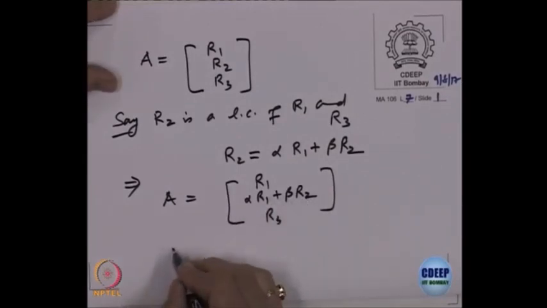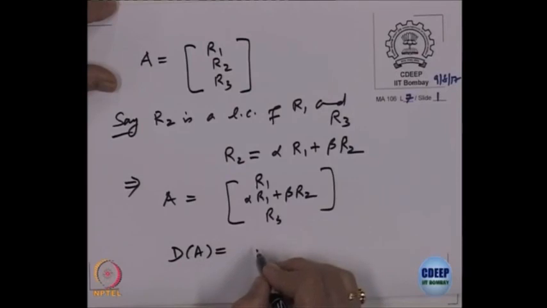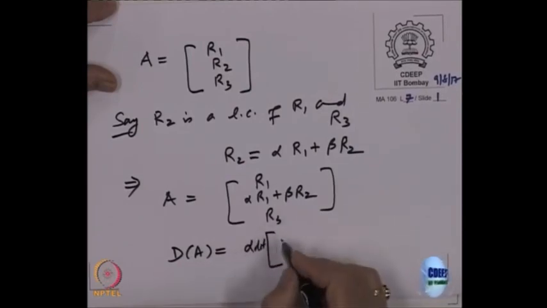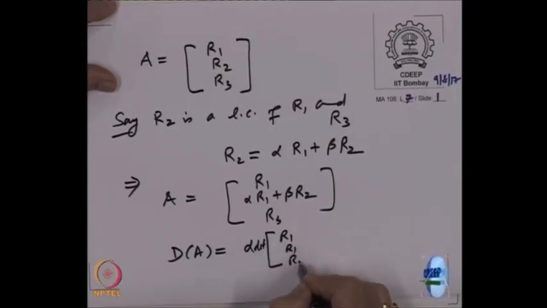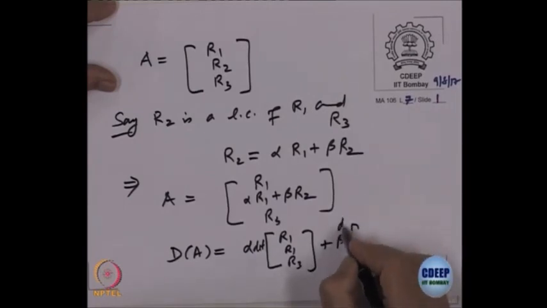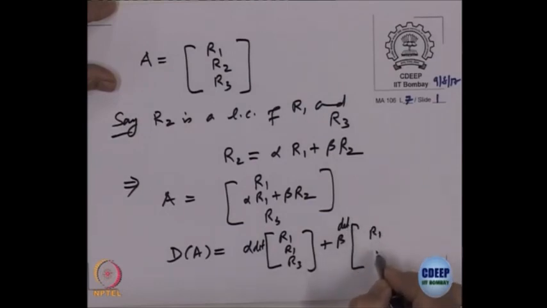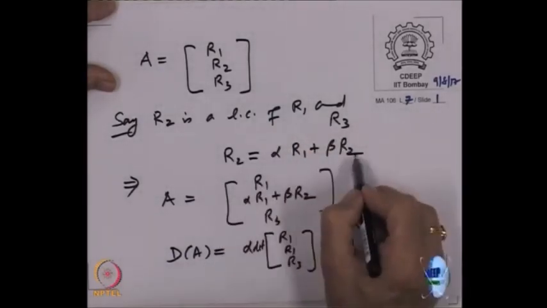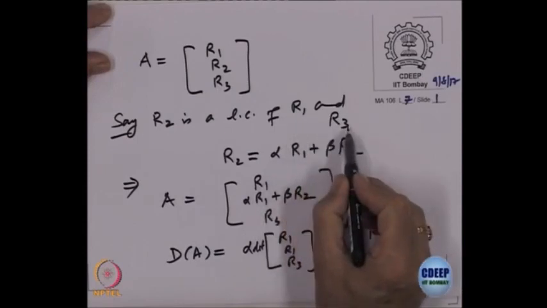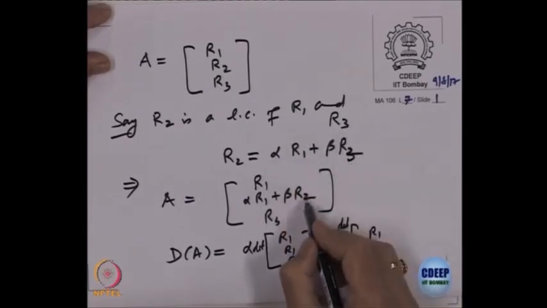So, by the determinant property, what is the determinant of A equal to? It is alpha times the determinant of the matrix R1, R1 and R3, plus beta times the determinant of the matrix R1, R3 and R3. Oh sorry, R2 was the linear combination of R1 and R3, so I made a mistake and it should have been R3.